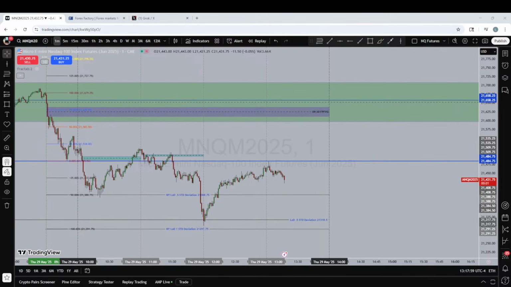If I see something clear, then I'll possibly take a trade, but I doubt I will. It's slowly moving today.